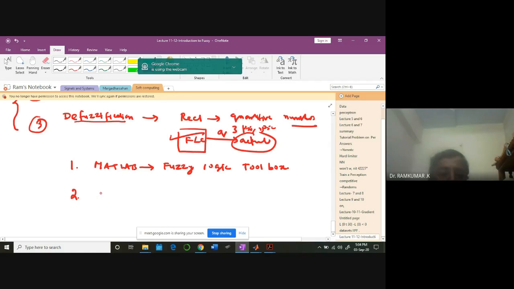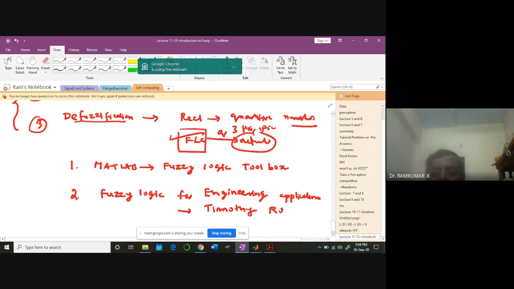The second one is the MATLAB Fuzzy Logic Toolbox, followed by the book Fuzzy Logic for Engineering Applications. It's a very famous book written by Timothy Ross. It's an excellent book.